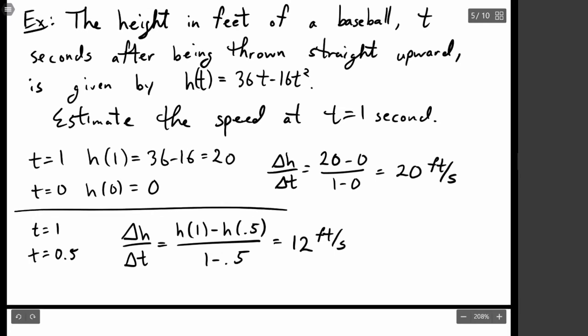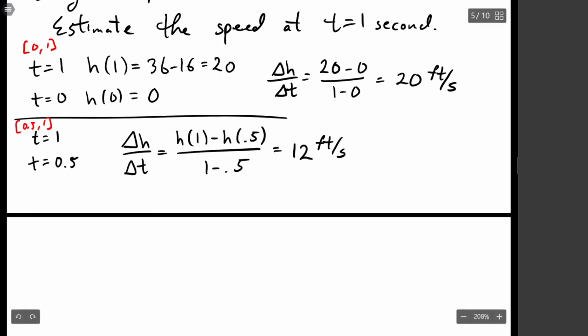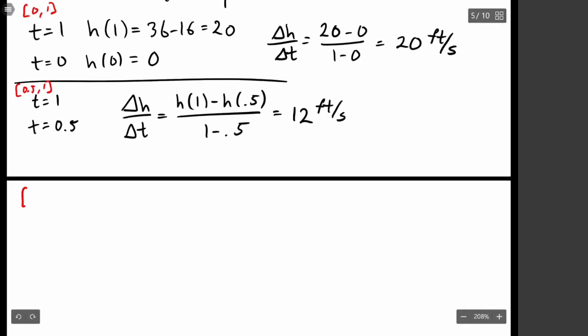Right? So let's say here, the interval from 0 to 1 is our estimate. Here we're using 0.5 to 1. So we're sort of narrowing in on 1. Let's narrow in some more and look at 0.9 to 1.